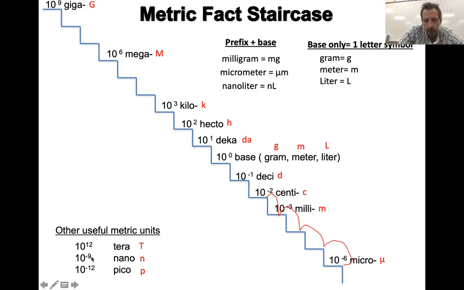We'd still have to fall 3 more spaces to go from micro to nano. So we fell 1, 2, 3, 4. We'd have to fall 1, 2, 3 more to fall down to nano. So 1, 2, 3, 4, 5, 6, 7. 7 factors of 10 apart using this strategy. So let's clear the drawing and go back to the example. We know there's 7 factors of 10 away from one another.